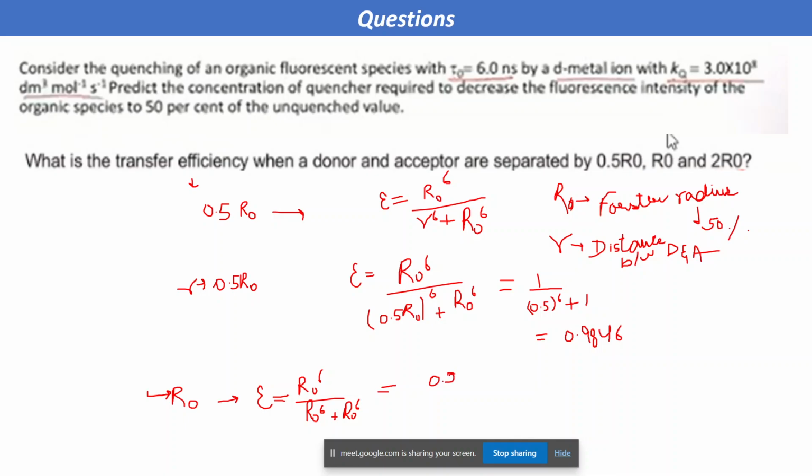And just tell me what will be the energy transfer efficiency if a donor and receptor are separated by 2 R naught. It's 2 R naught. It will be 0.33. It's wrong. Just check the calculation again. 0.015, correct. It will be 0.015.